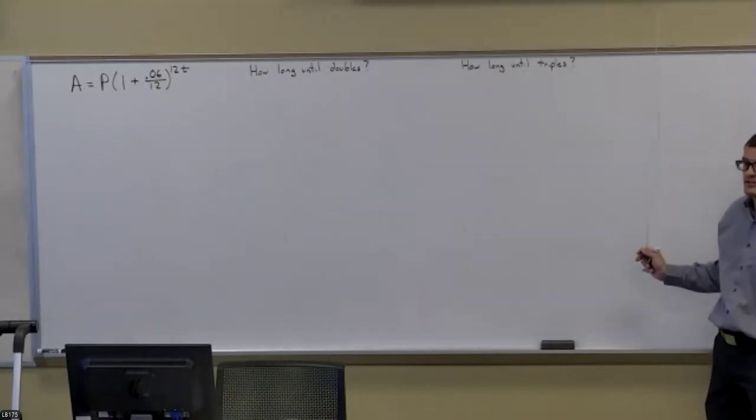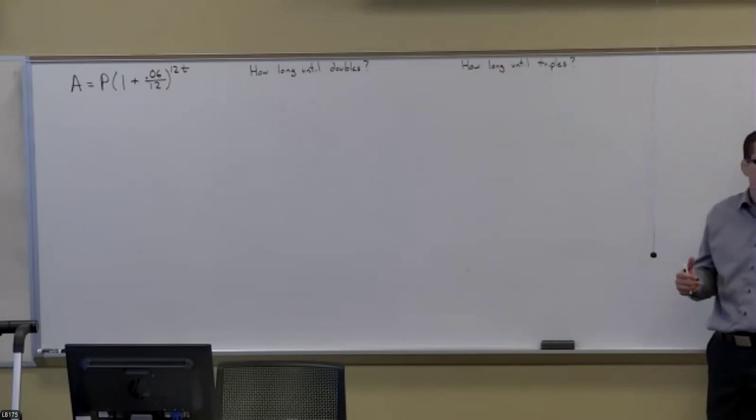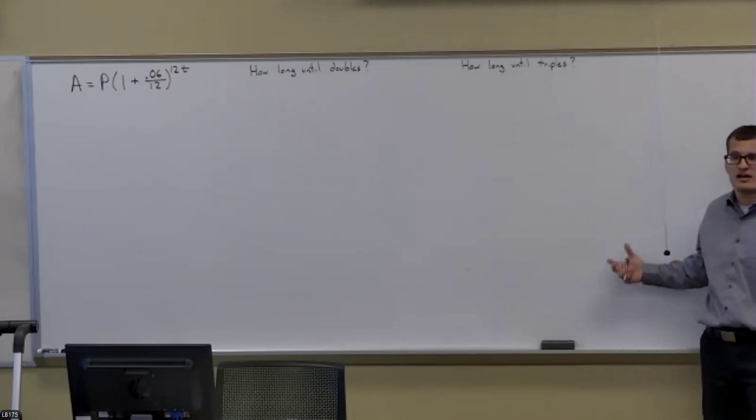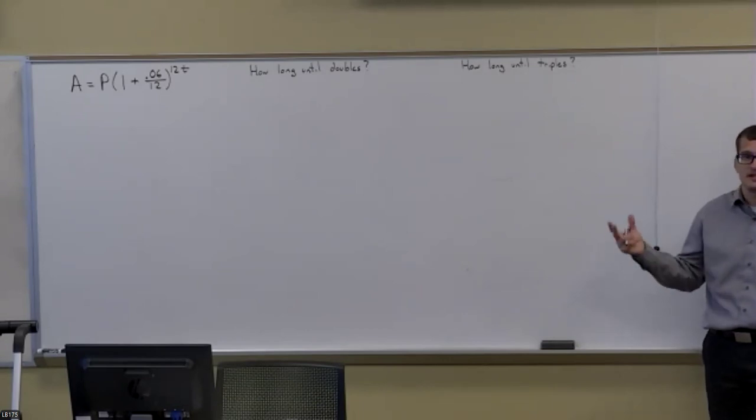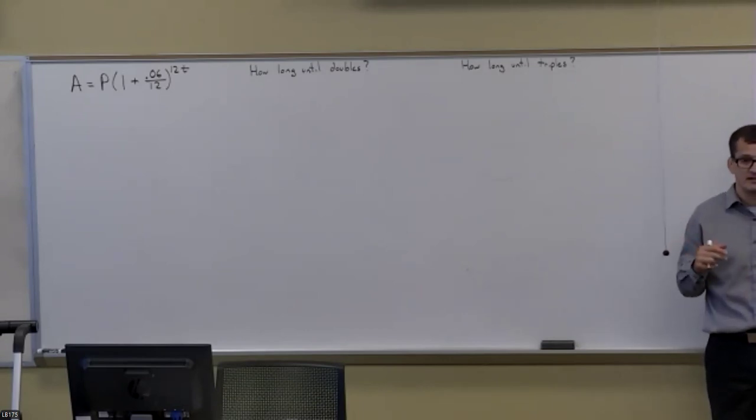I want you to try this on your own. Doubling would just be 2P on the one side. Tripling would just be 3P on the one side. Does that make sense?